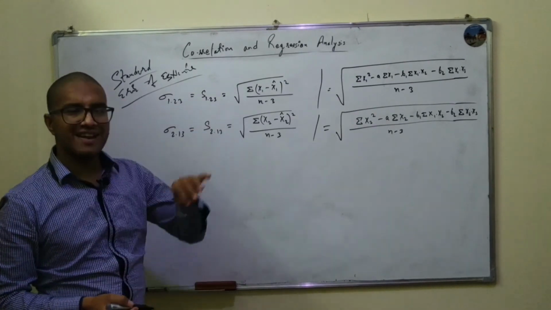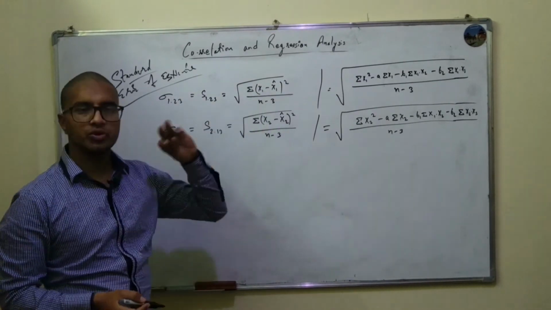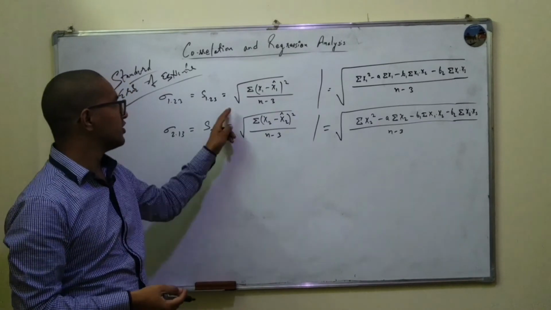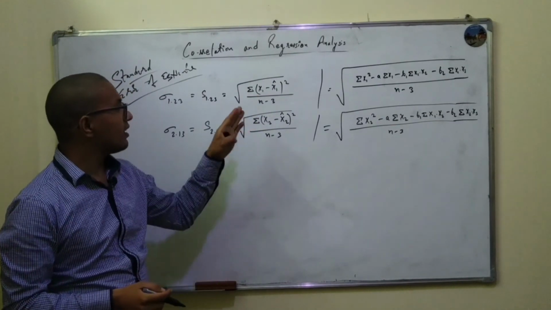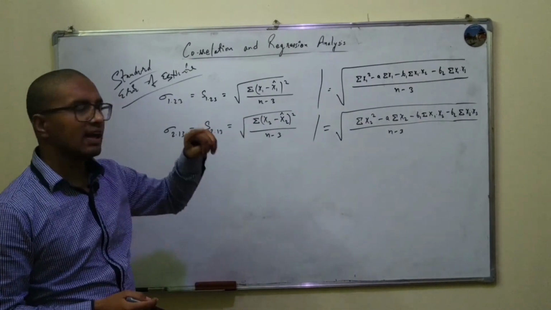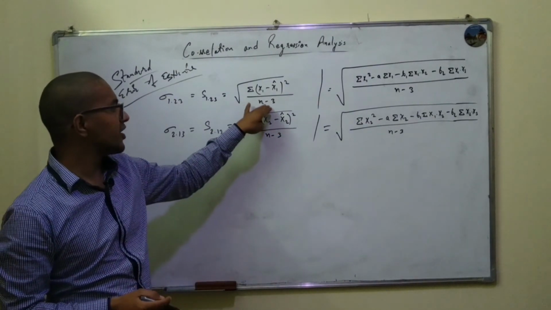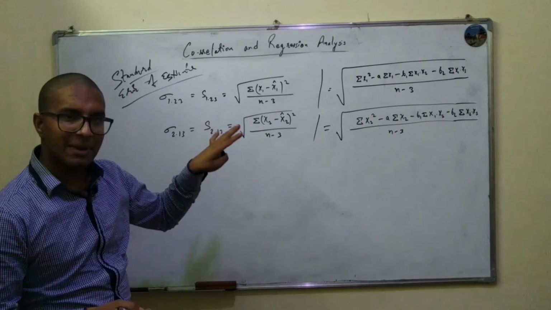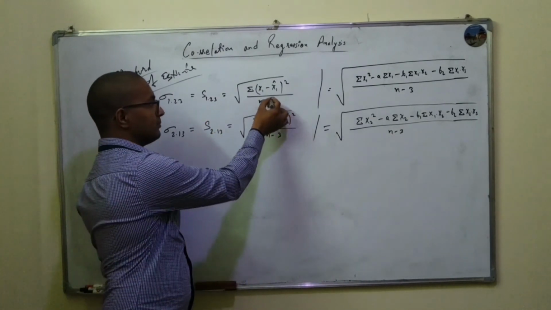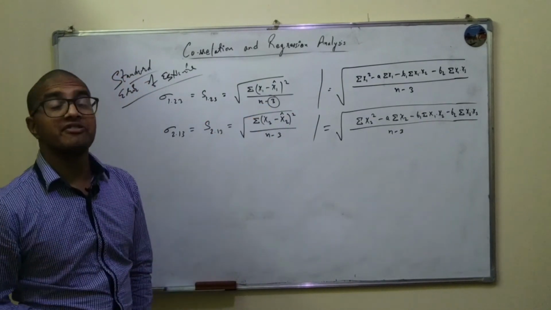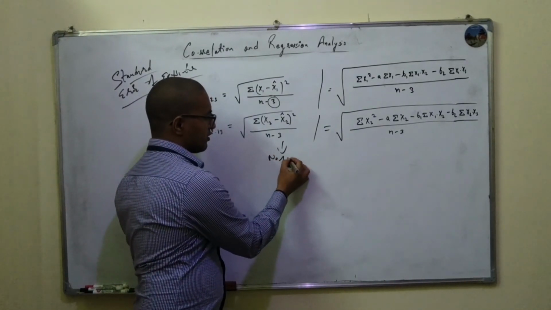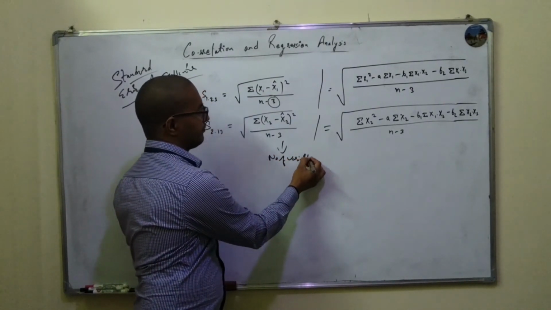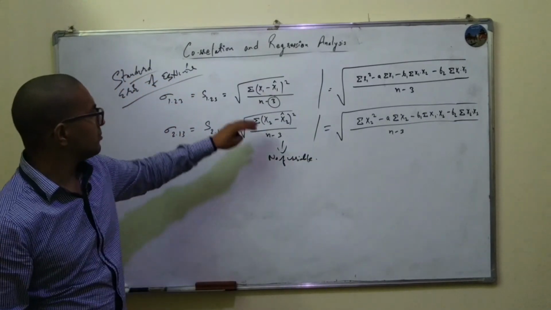You will use the standard deviation s1.23, under root summation x1 minus x1 hat, squared, divided by n minus 3. Why is it 3? Because it is the number of variables. So you can compute it this way as well.